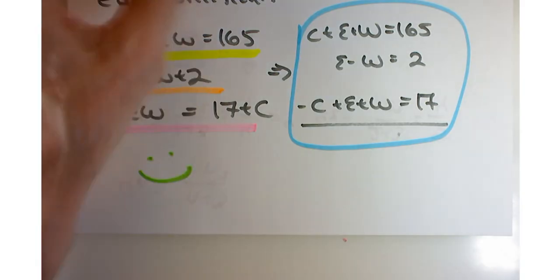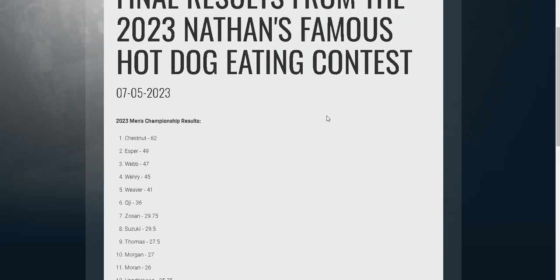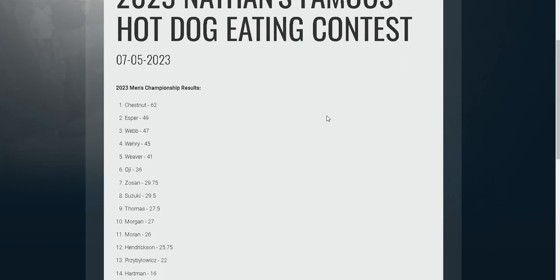Cool. And in case you're curious, let's actually look up the results. There you go. 62. Joey Chestnut, 62. I don't know how long they take to get through those. Hopefully years. Maybe 10 minutes. That's probably more hot dogs than I've eaten in quite a few years.